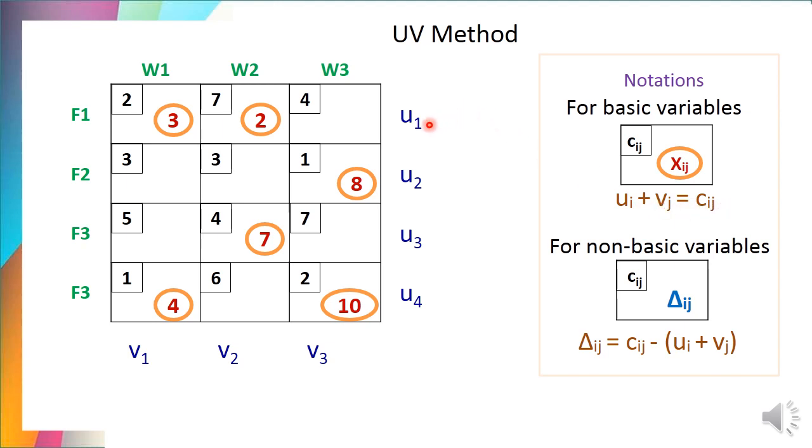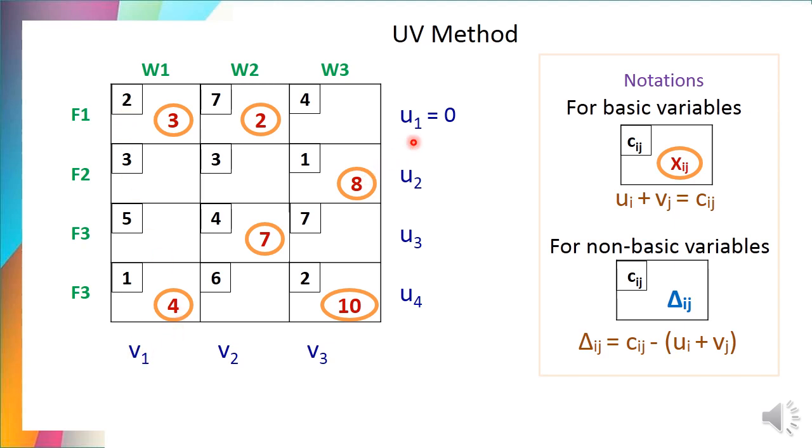So let us start with assigning u1 is equal to 0. We can start with any of the values by assigning it 0. So let us start with u1 is equal to 0. So having u1 is equal to 0, the relations are v1 plus u1 is equal to 2.